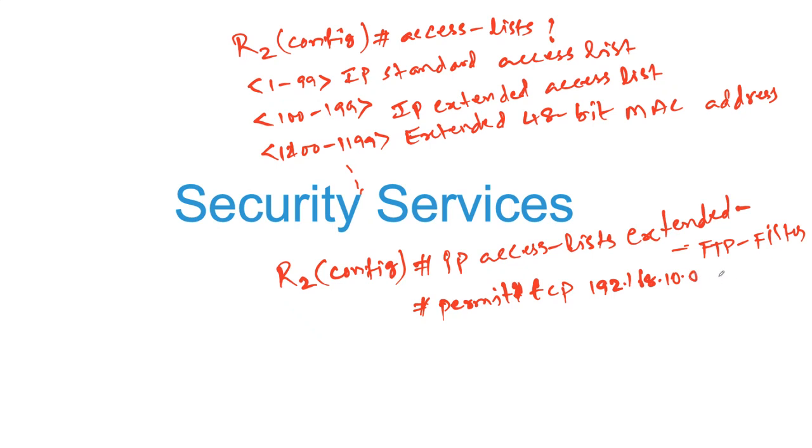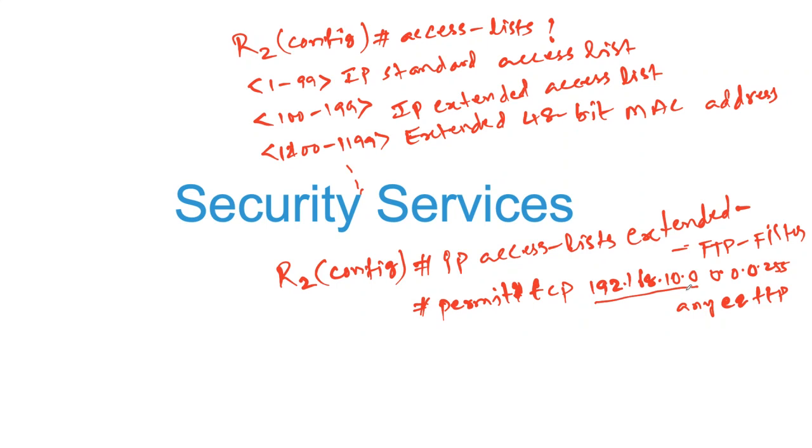If you give the wildcard mask 0.0.0.255, that means all the users in this network will be allowed. Then you may give the destination as any, and if the packet is equal to FTP, then only those FTP packets will be allowed from this network address 192.168.10.0.